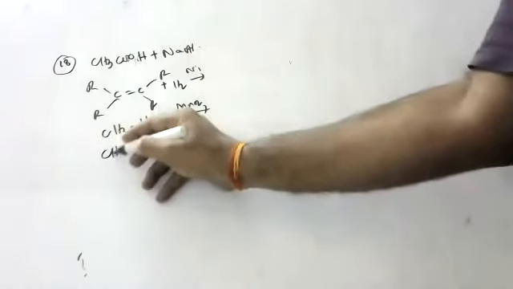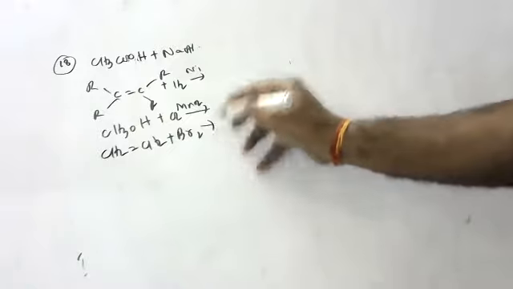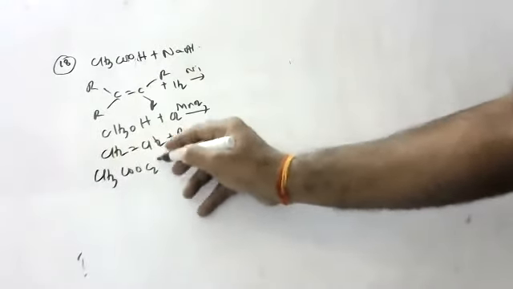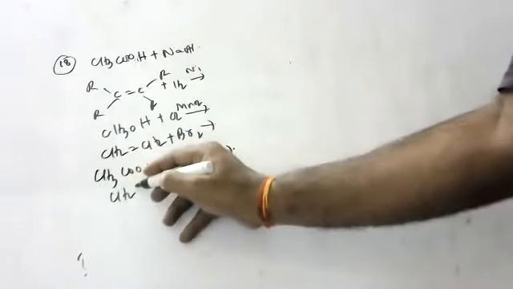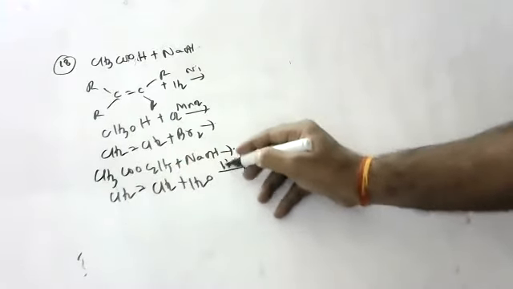Next, CH2 double bond CH2 plus Br2. Next, CH3COOC2H5 plus NaOH. Next, CH2 double bond CH2 plus H2O in presence of sulfuric acid.